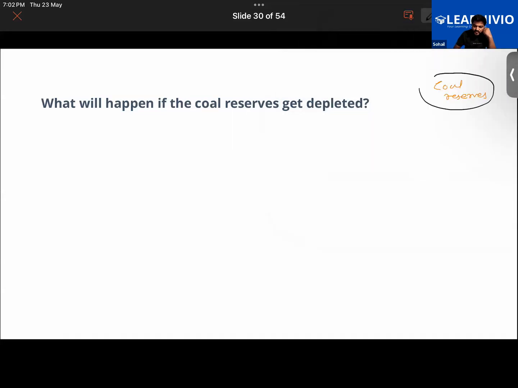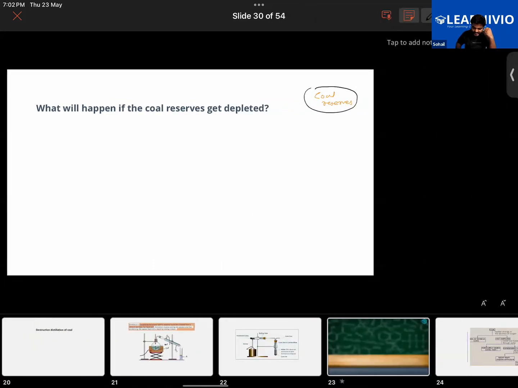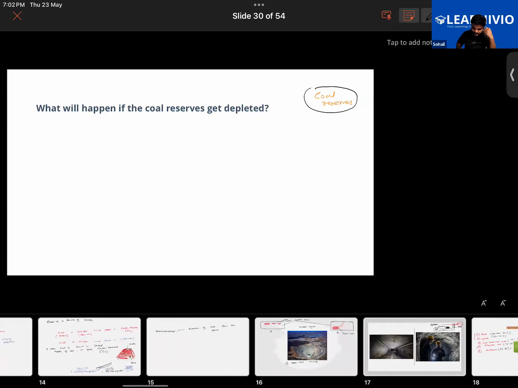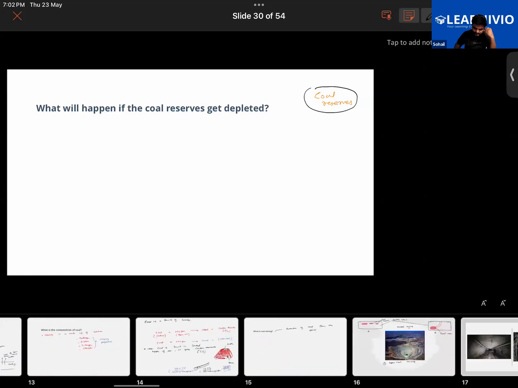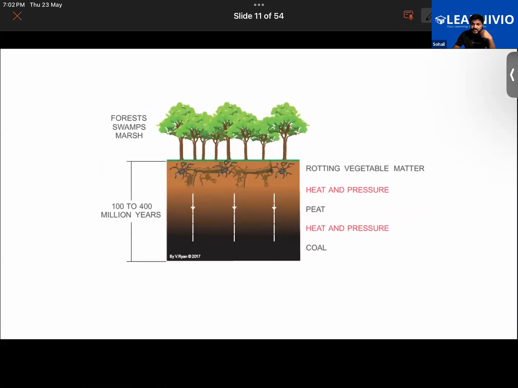Okay. See, basically, coal reserves refers to what? When mining is done, look at this. What do we mean by coal reserve? This much of area that you are seeing over here, here coal will be found.